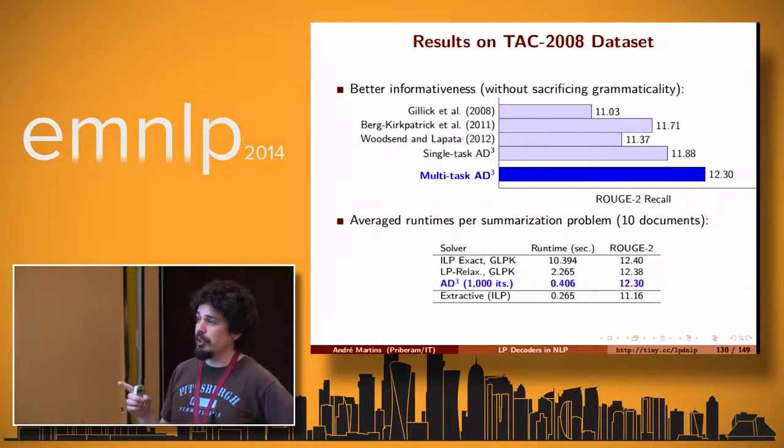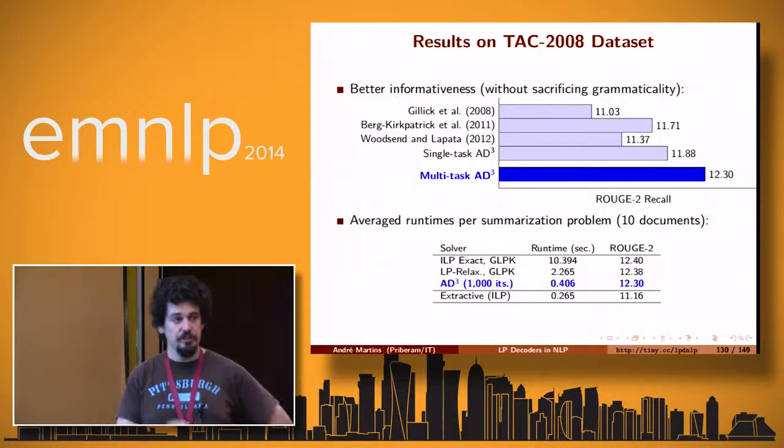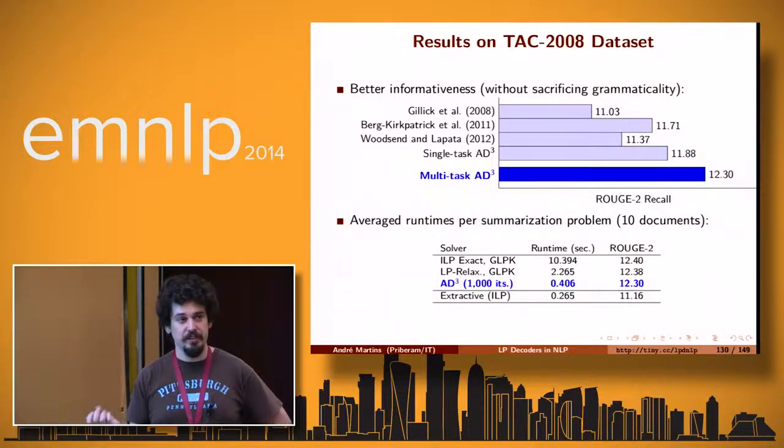So this is actually one important difference in practice between these two applications that I talked about. For the parsing problems, it's quite common that the final solution is integer. For the summarization case, that's not what happens.